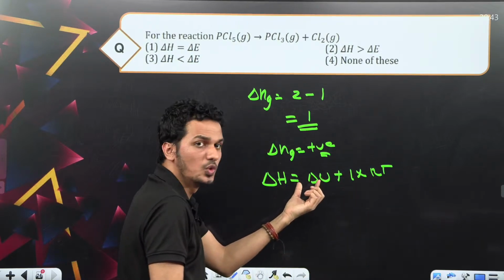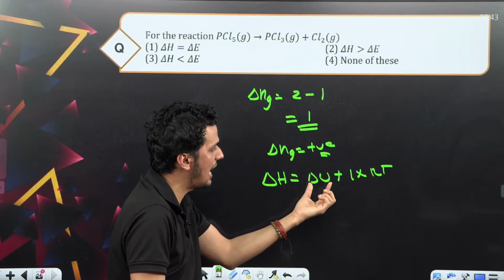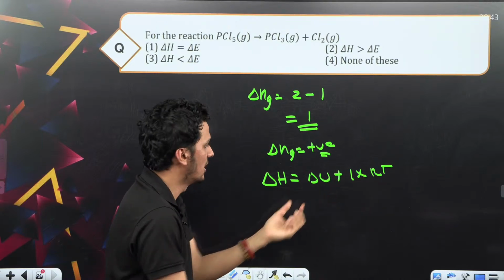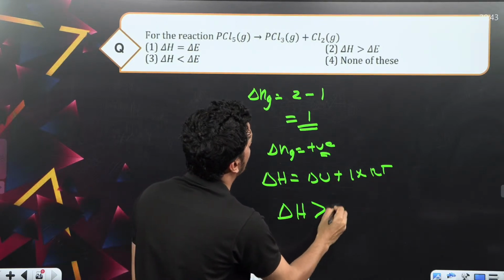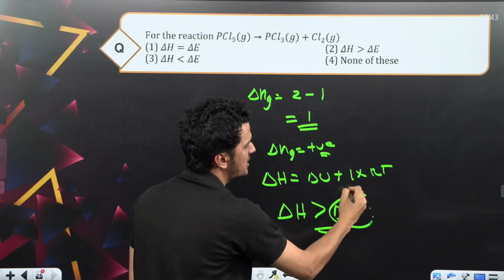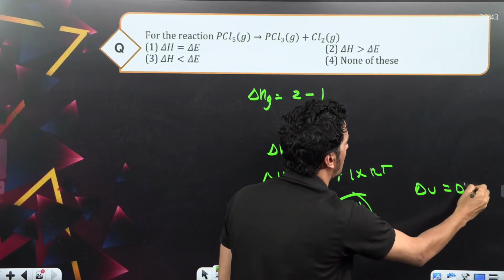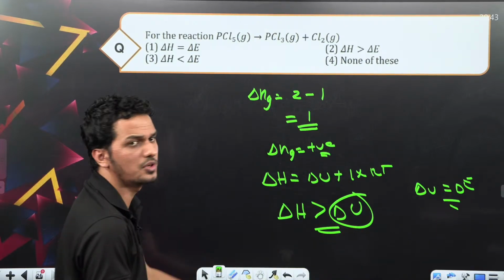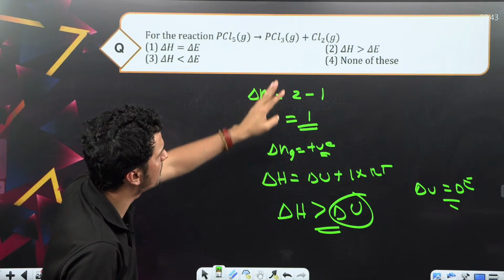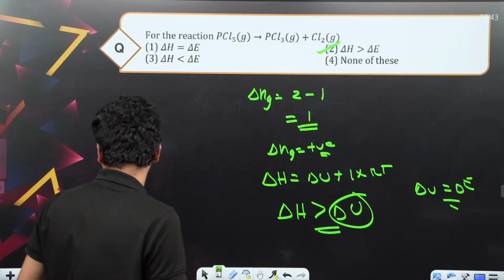That means you will get delta H once you add RT to delta U. That means delta H will always be greater than delta U. Delta U is delta E only. So delta H will be greater than delta E. Option 2 is the correct one.